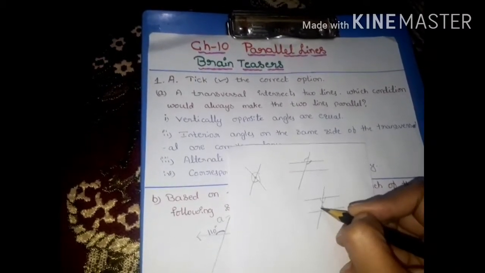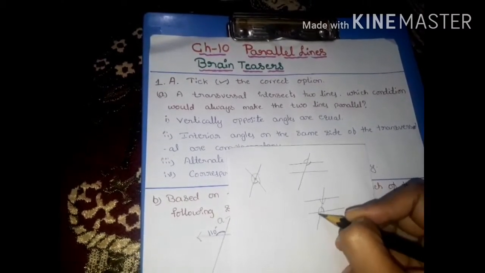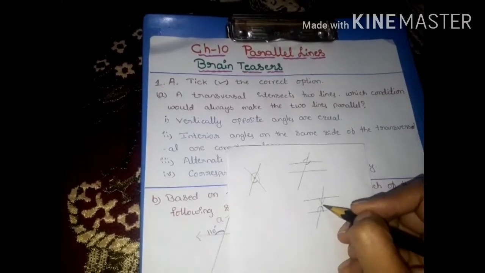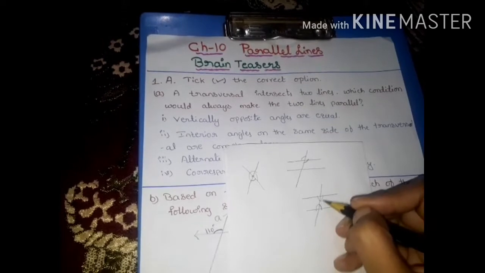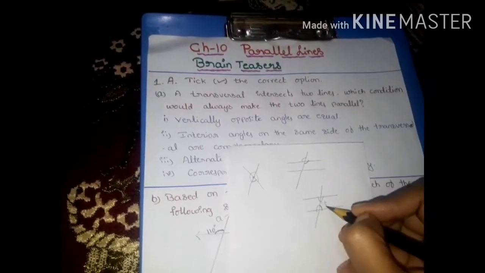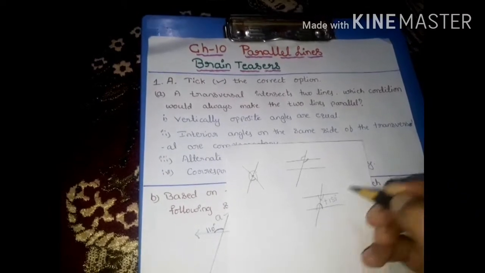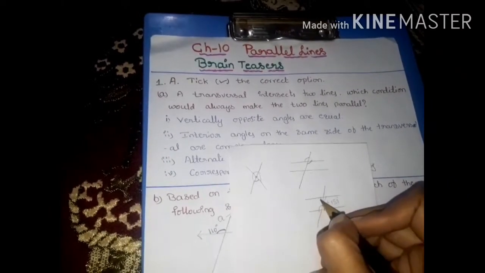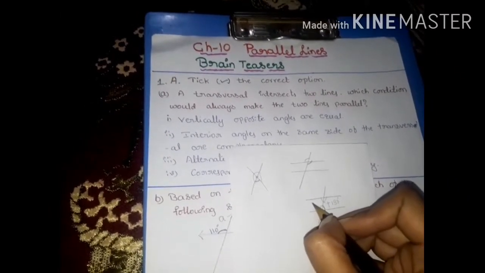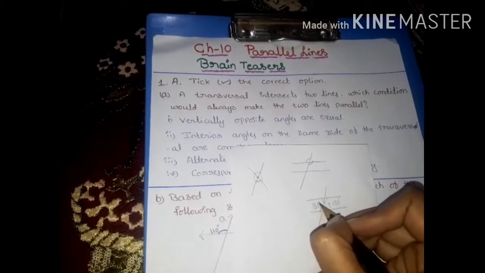And these two angles are also called interior angles on the same side of the transversal. Here the sum of these two angles is always equal to 180 degrees, nothing but supplementary. And on this side also, the sum of these two angles is always equal to 180 degrees.